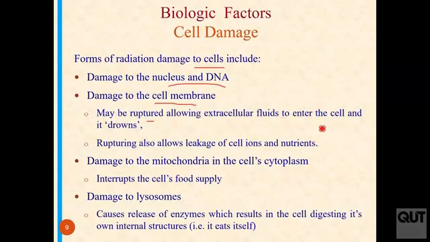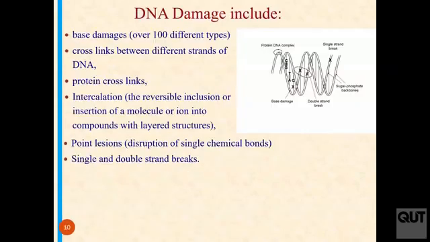Rupturing the cell can also allow leakage of nutrients from the cell. You can damage the mitochondria in the cell's cytoplasm, so it interrupts the cell's food supply, or you can damage the lysosomes as well, which interferes with the cell's digestion.